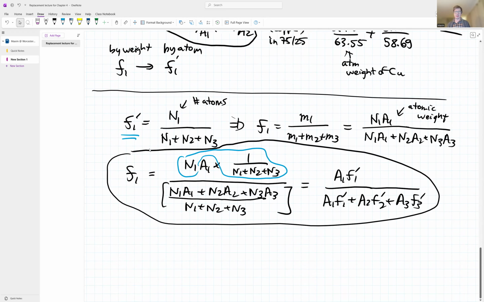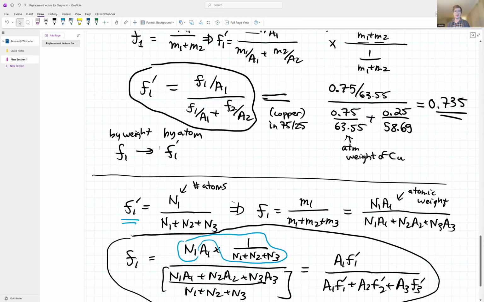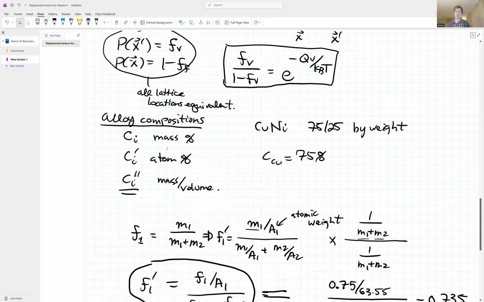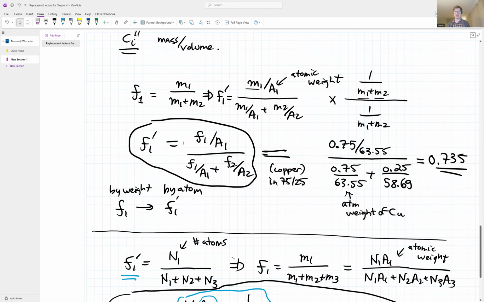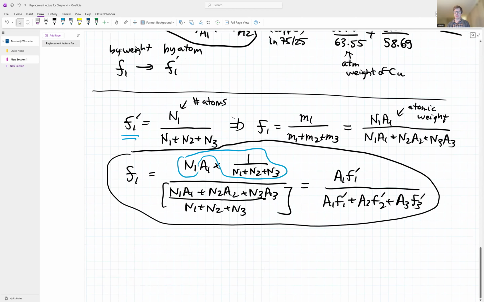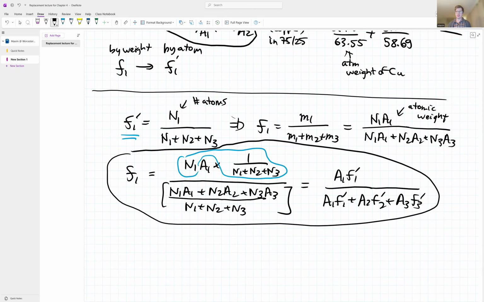I think the book spends a little too long tabulating all these things when you just have to be careful with the logic, and the main trick is just the multiplying and dividing by the sum of the masses or the numbers of atoms. That lets you convert back to fractions so that you can write things as sums of constants that you know times fractions that you've already presumably calculated or know.